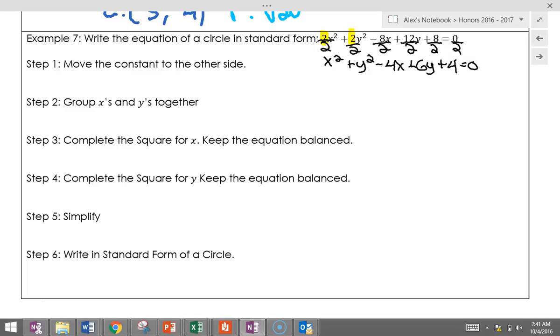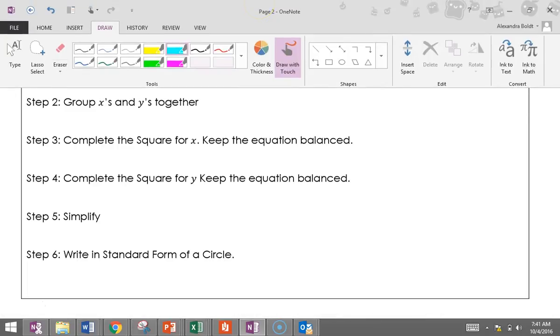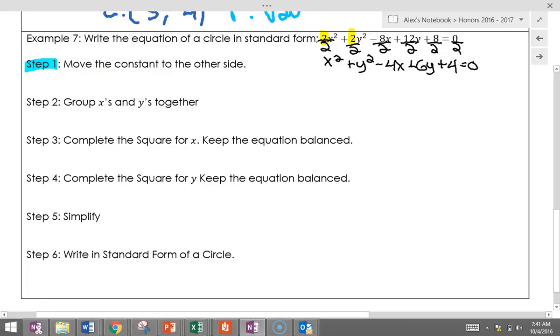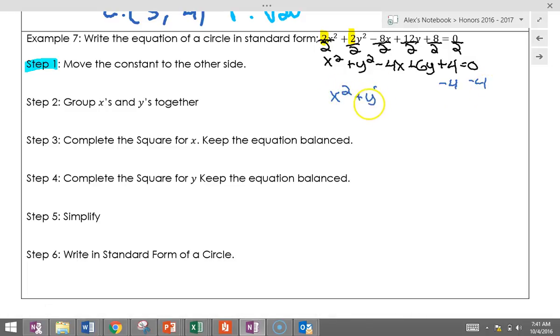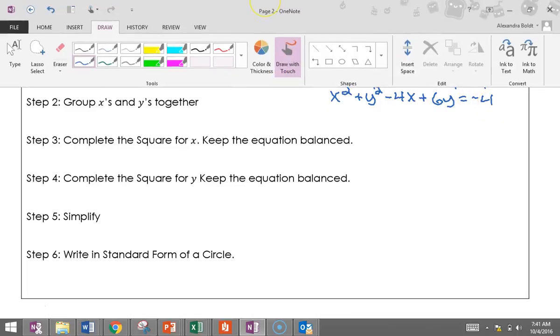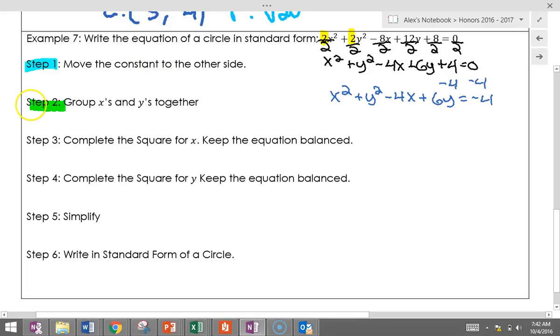Alright, so then, starting with our first step, we move the constant to the other side of the equation. So I'm going to subtract 4. And I have x squared plus y squared minus 4x plus 6y equals -4. Then I need to group my x's and my y's together.